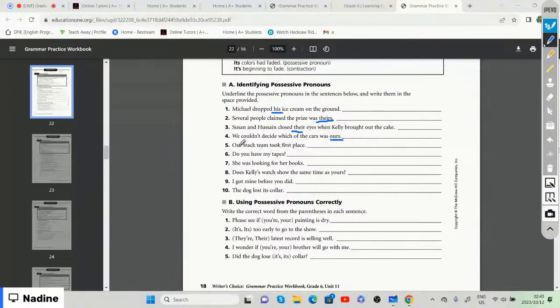Our track team took first place. We need to identify the possessive pronoun. All right, so if we identify the pronoun, we will say our.